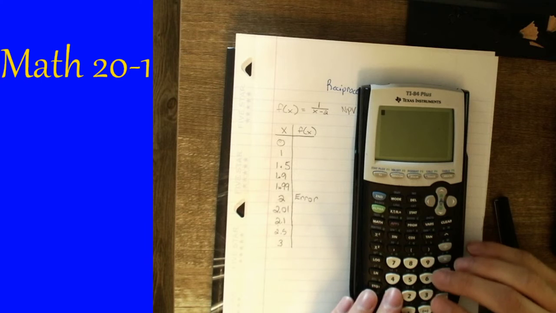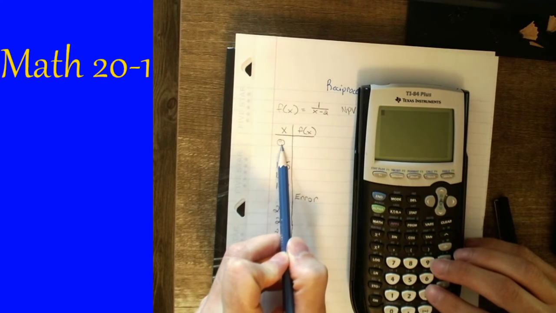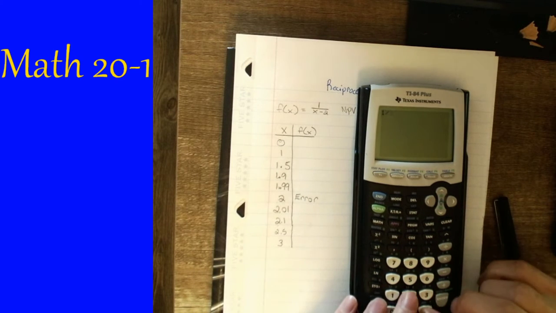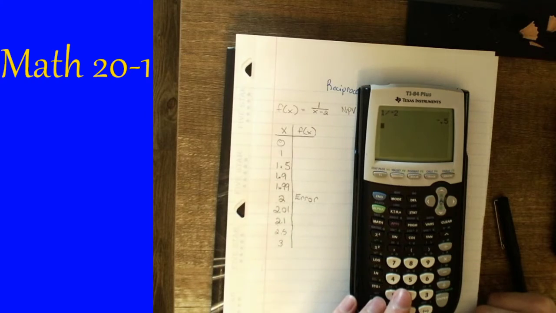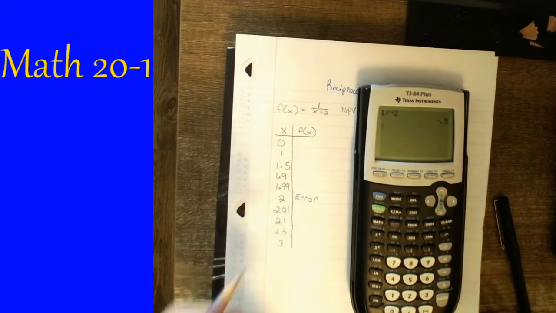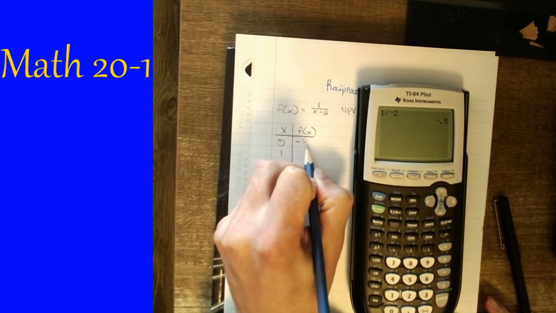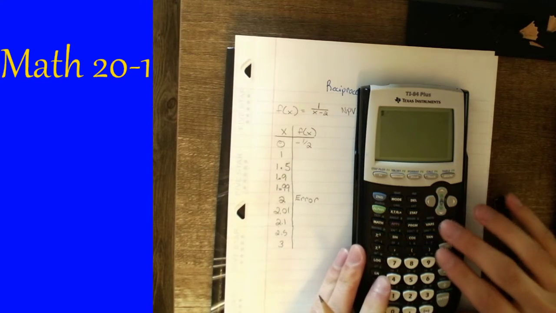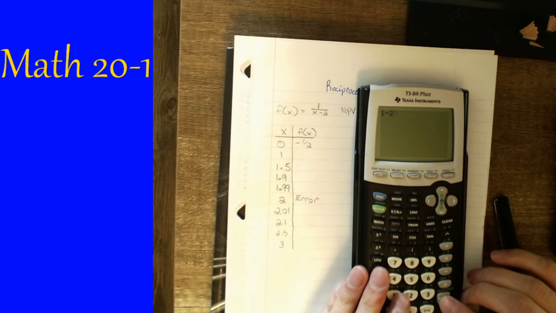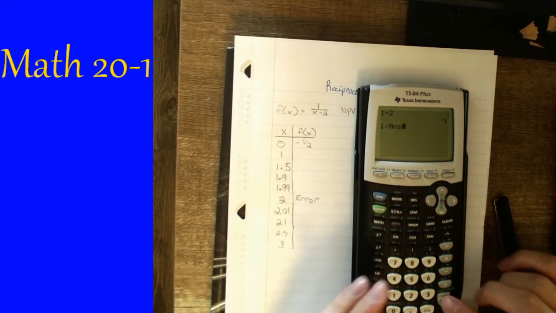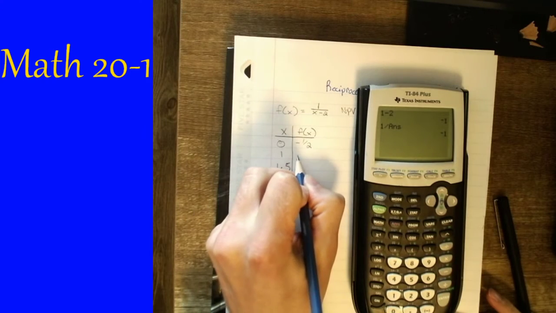So let's start with x is equal to 0, so we're going to have 1 divided by negative 2. 0 subtract 2 is negative 2. So that's negative 1/2. Okay, and so then 1 subtract 2, that's negative 1, and 1 divided by that is going to also be negative 1.